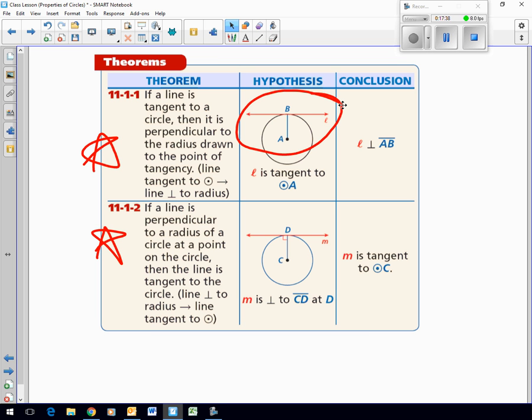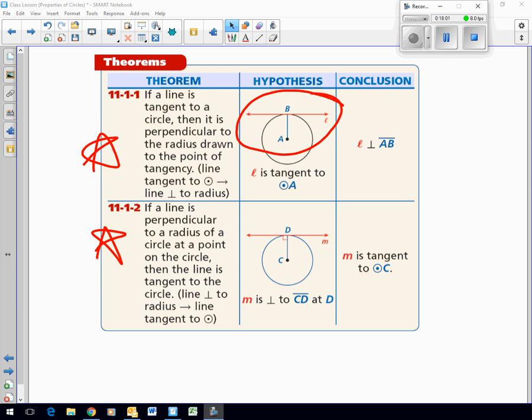So what kind of angle is going to get formed? A right angle, a 90-degree angle. The point of tangency is perpendicular to the radius that touches that point.